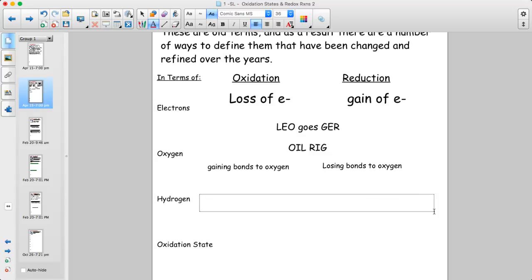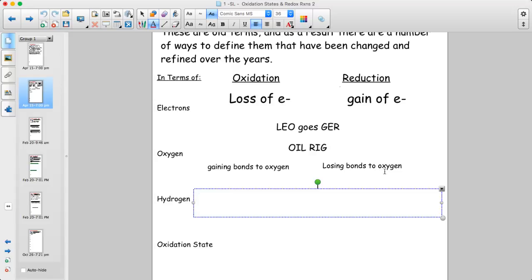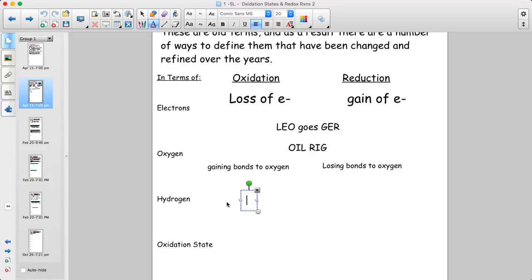You can also define these things in terms of hydrogen. In terms of hydrogen, it's the opposite. Losing hydrogen, losing bonds to hydrogen, is oxidation, and gaining hydrogen is reduction.